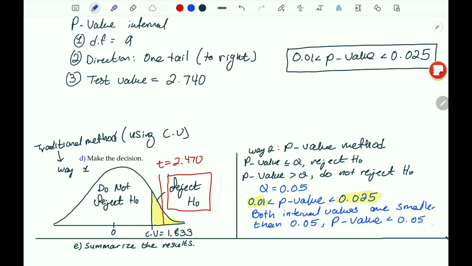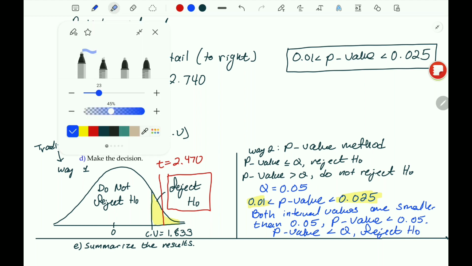And remember, 0.05 is alpha. Therefore, the p-value is smaller than alpha. Reject the null hypothesis.